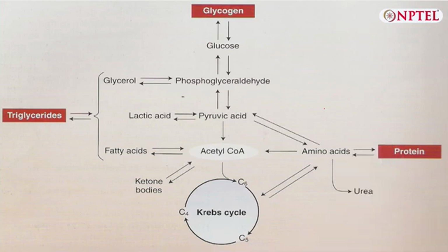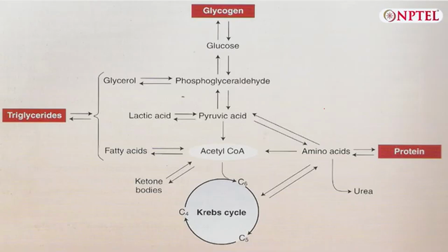So, here you can see glycogen breaks down to glucose to phosphoglyceraldehyde, then it is converted to pyruvic acid, then oxidation of acetyl CoA. Even fat can be converted to acetyl CoA and give you energy through the oxidative process, because triglyceride is a major fuel which breaks down to glycerol and free fatty acid.